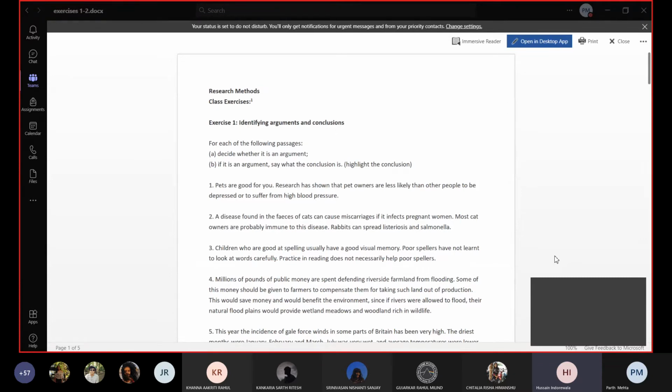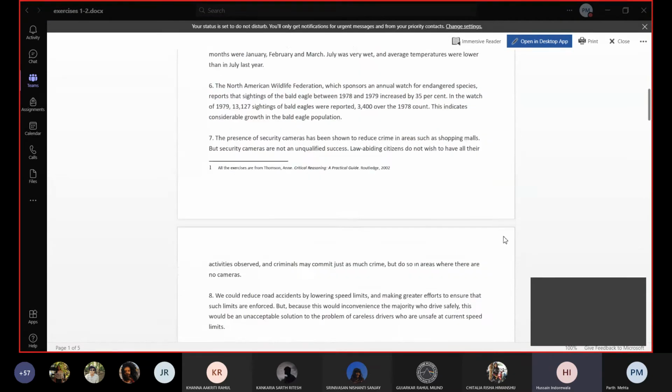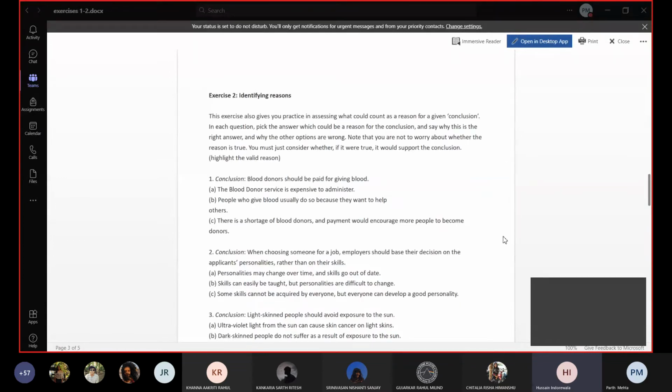Parth, if you can scroll down, I'll just show you the second exercise. In the second exercise you will be given a conclusion, and you have to identify what qualifies as a valid reason for that conclusion. Valid reason doesn't mean that it has to be factually correct.